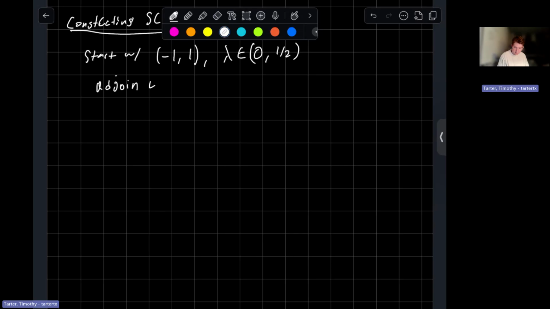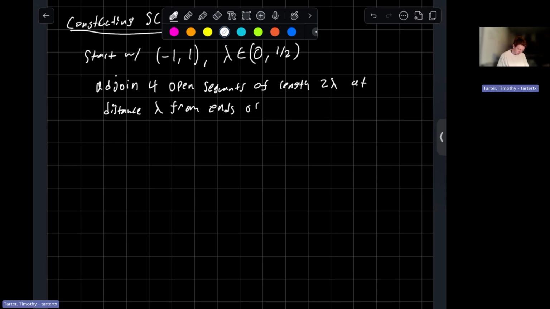Adjoin 4 open segments of length lambda at distance lambda from the ends of the previous segments and orthogonal to them.